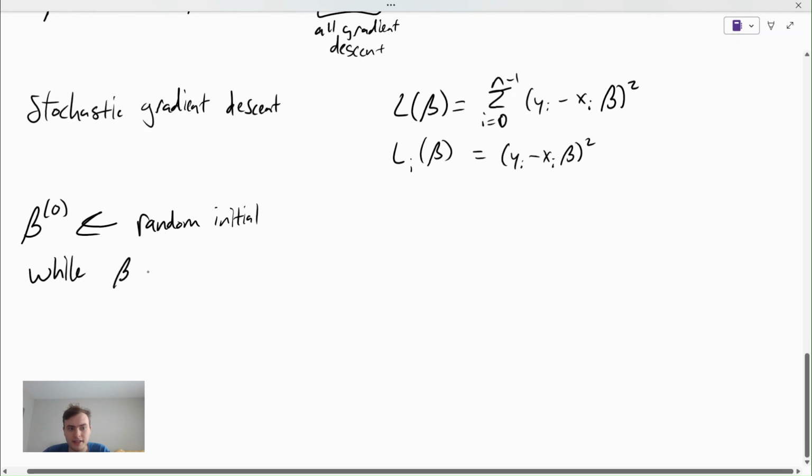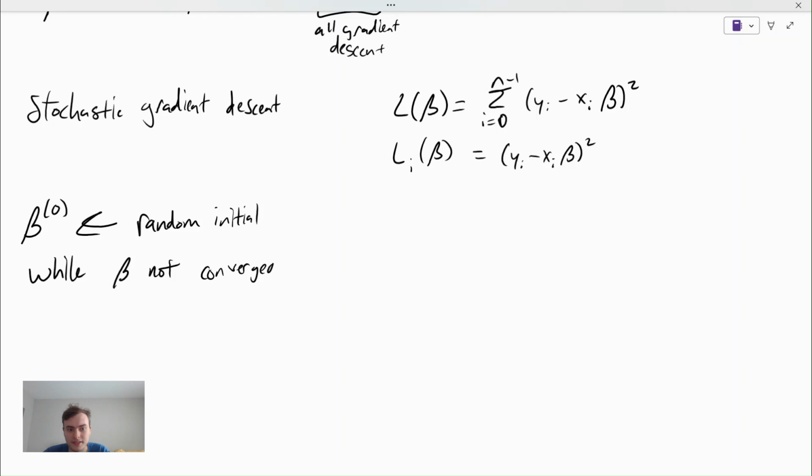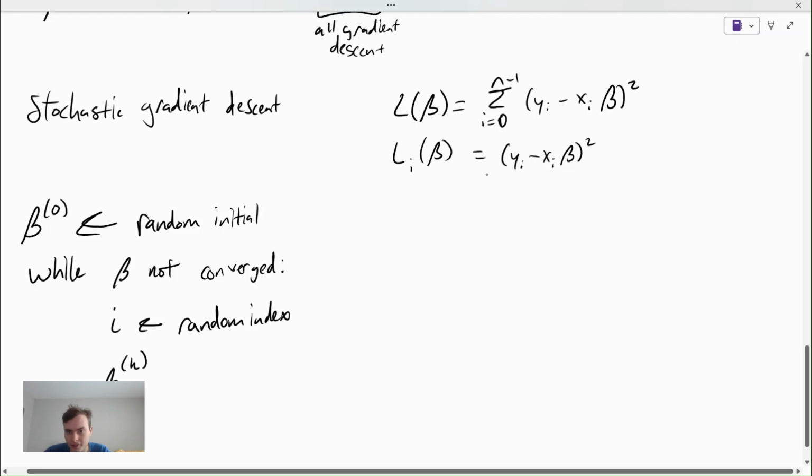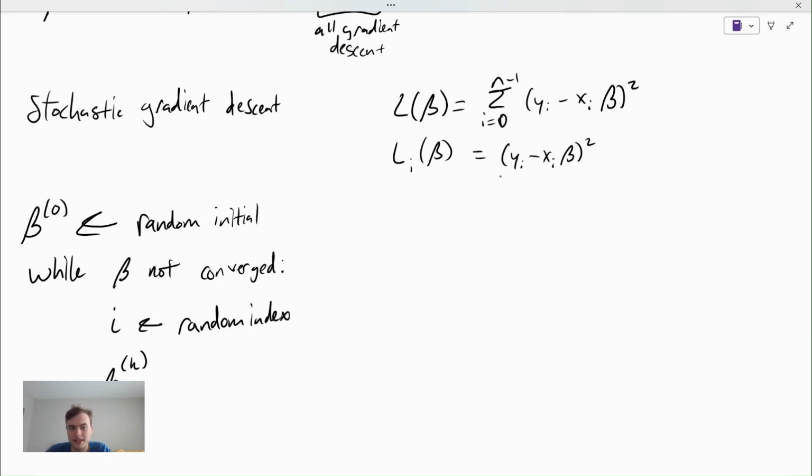And while beta has not converged, the same condition, we're going to choose i as a random index and then update beta using the gradient on this single point, not the entire data set.